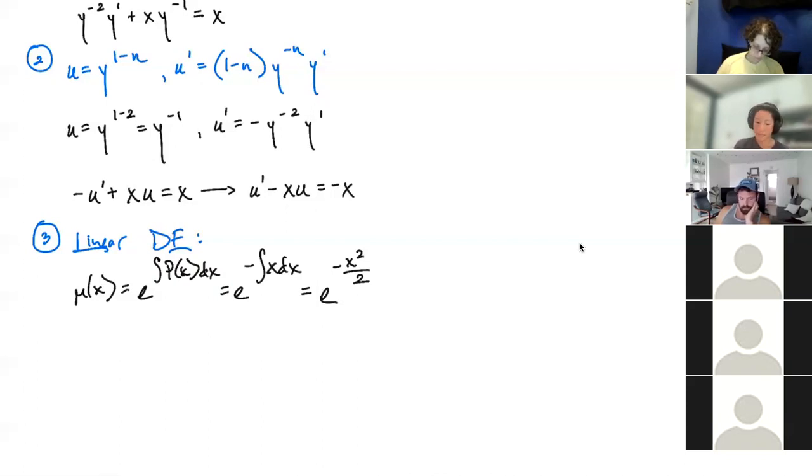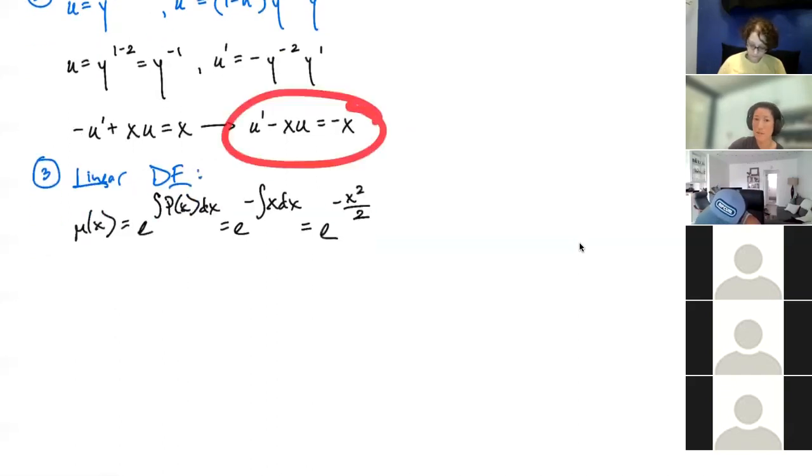All right. So we should end up with a mu of x of e to the negative x squared over 2. Okay, that negative sign there, definitely important, and it comes from p of x being negative x. All right, once we've got our mu, let's multiply our substituted differential equation in by that multiplying factor.